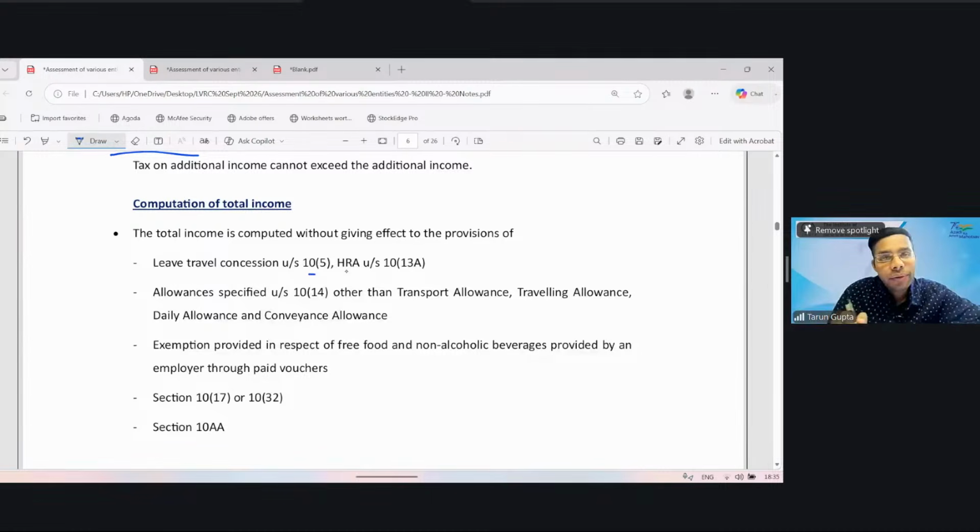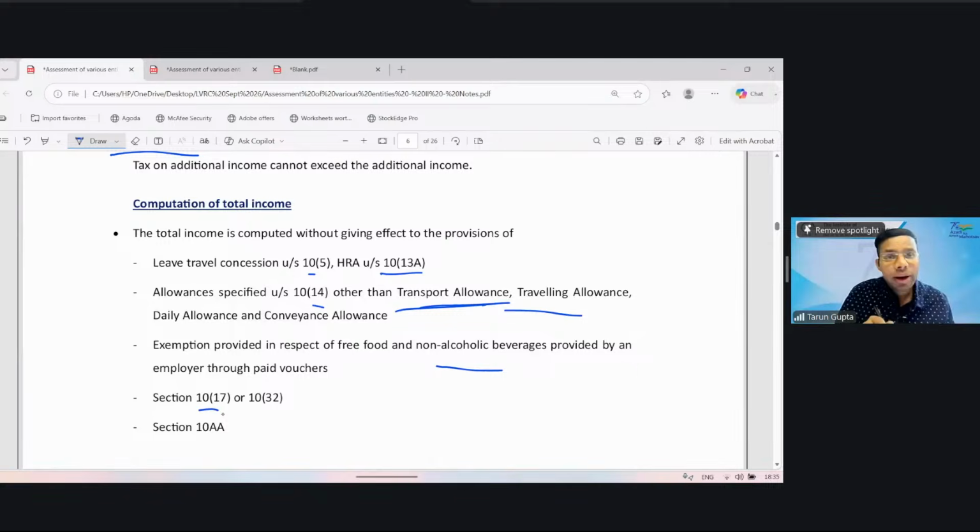LTC under section 10(5) or house rent allowance under section 10(13)(a). Then allowance under section 10(14) except the traveling, conveyance or daily allowance. This is a transport allowance which is actually allowed to handicapped, blind or deaf and dumb. Exemption provided in respect of free food or non-alcoholic beverages to the employee is not available under the new tax regime.